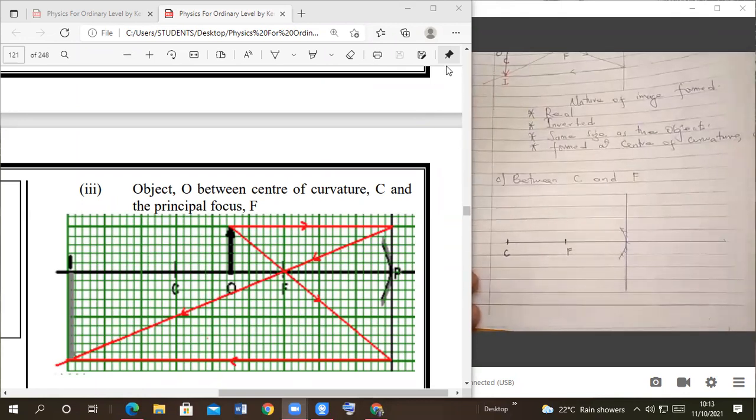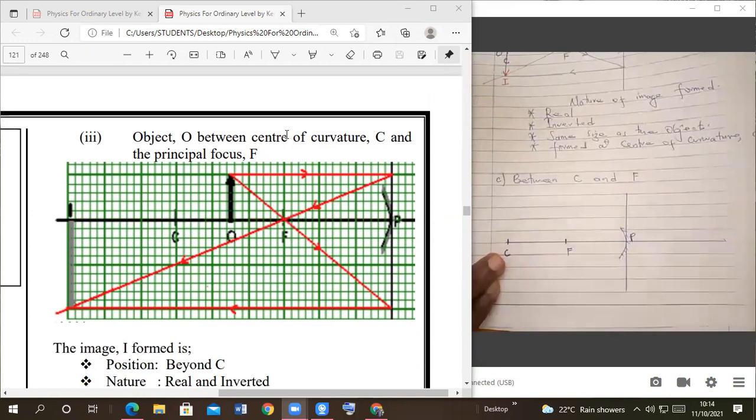Can I ask someone a question? The distance from point C to P is called what? Radius of curvature.